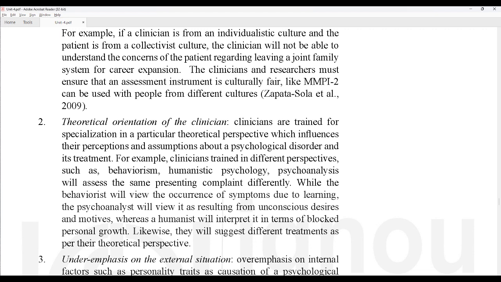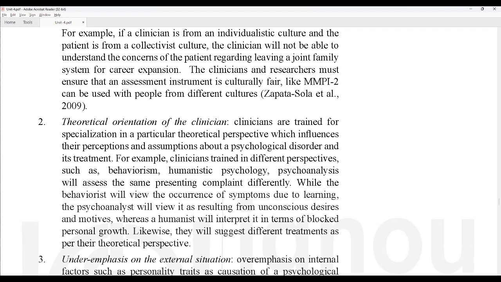While the behaviorist will view the occurrence of symptoms due to learning, the psychoanalyst will view it as resulting from unconscious desires and motives, whereas a humanist will interpret it in terms of blocked personal growth. Likewise, they will suggest different treatments as per their theoretical perspective.